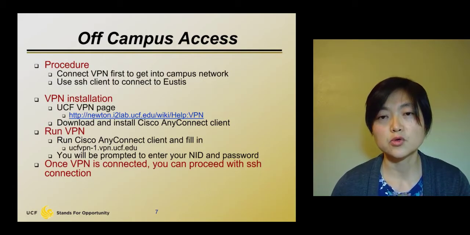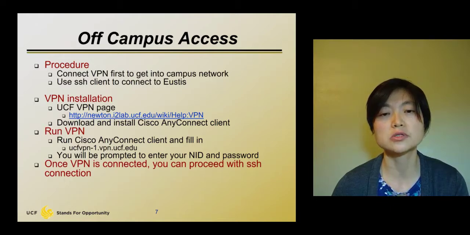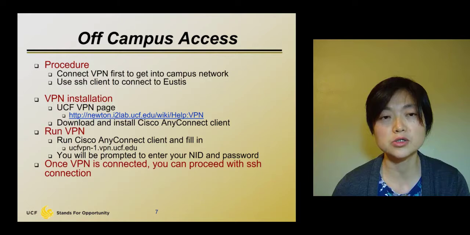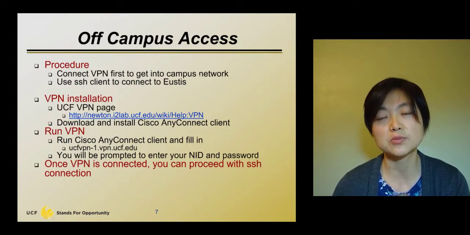As I mentioned in the basic information, Eustis is a server in our private campus network. So if you are at an off-campus location, you will have to use a VPN. If you're off campus, you have to start a VPN client and connect to the VPN first to get into the campus network.